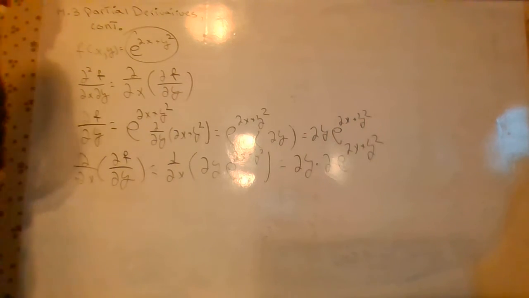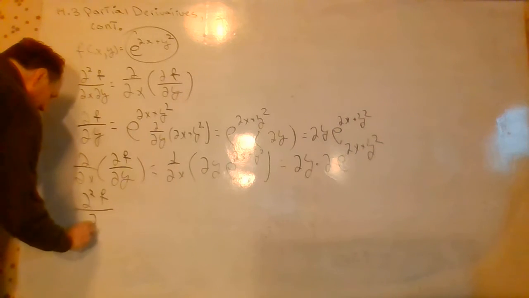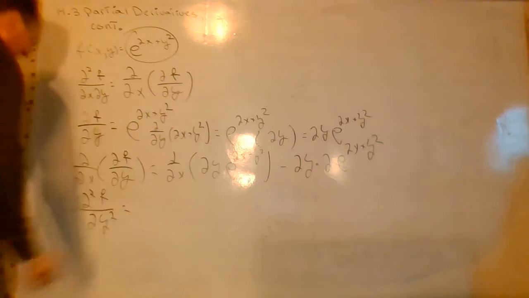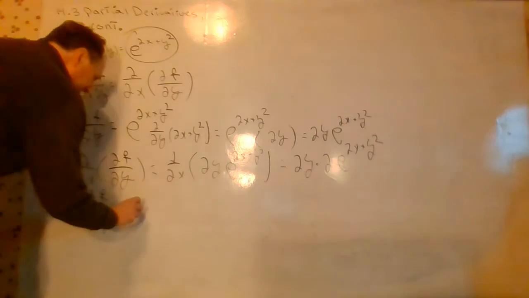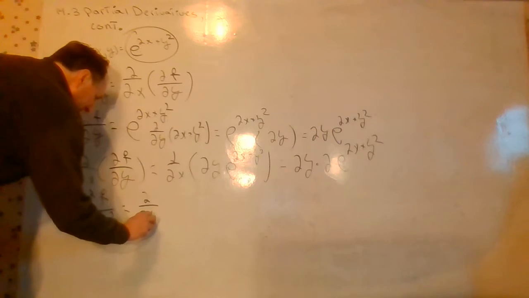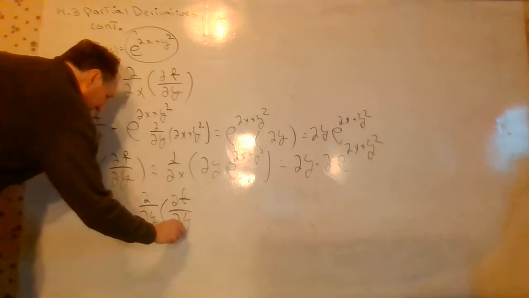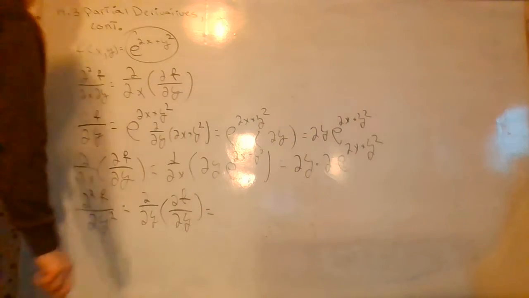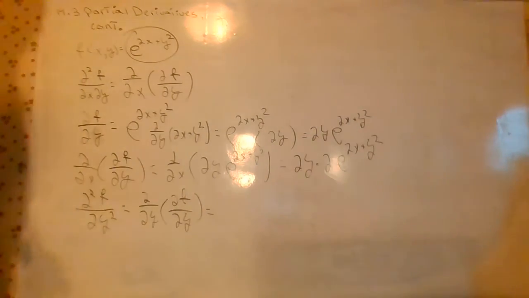Okay, and let's suppose we want partial squared f with respect to y squared. This is a little trickier. This is an encryption of partial with respect to y, partial of f with respect to y. So it's a y partial of a y partial.